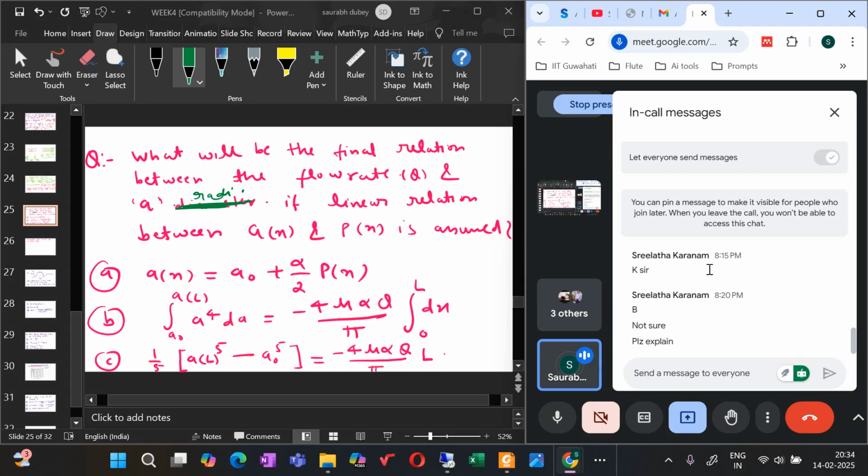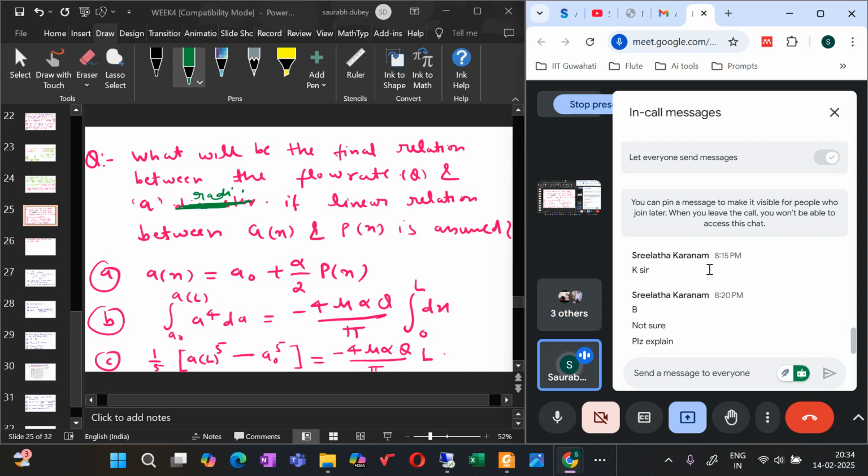What will be the final relation between the flow rate Q and radii A if the linear relation between Ax and Px is assumed? Option A is Ax equals A naught plus alpha by 2 Px. So this is the relation that I'm saying.